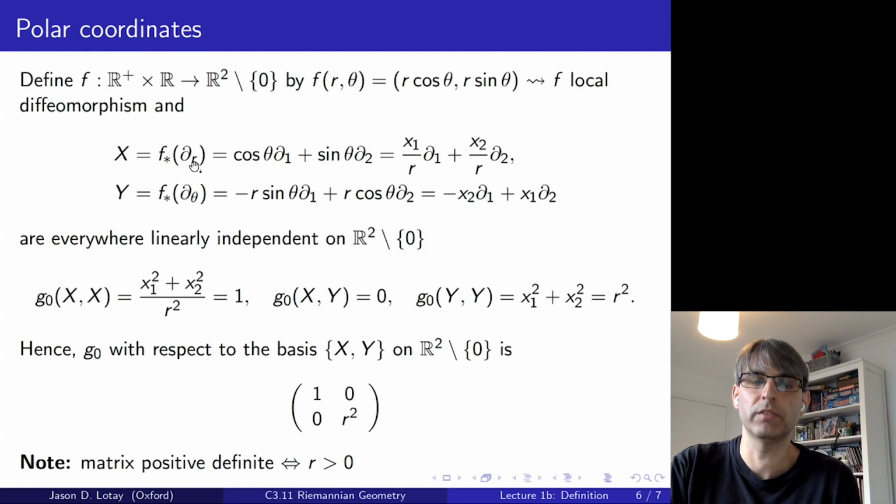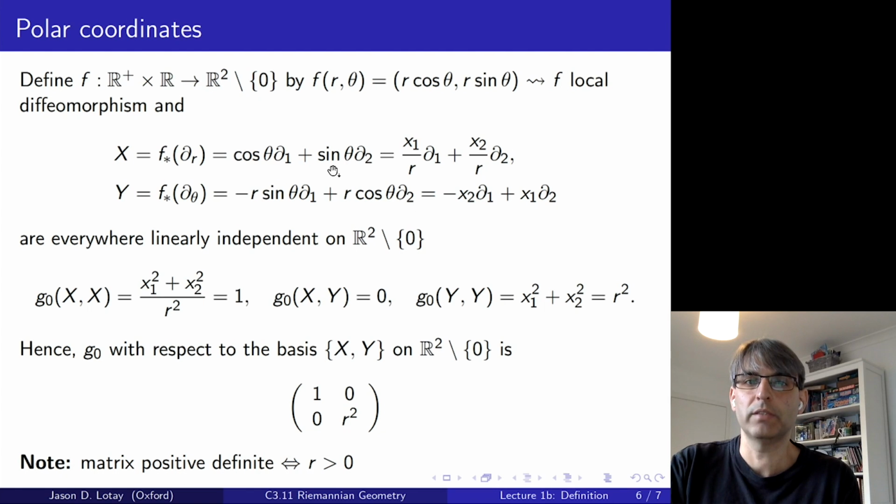So the push forward of partial r, let's remember, how do we do this? We look at the formula for F and we differentiate it with respect to r. And we get cos theta in the first direction, partial 1, plus sine theta times partial 2. And if we want to compute the push forward of partial theta, we differentiate with respect to theta. And we'll get minus r sine theta in the first direction, partial 1, plus r cos theta in the second direction, partial 2.